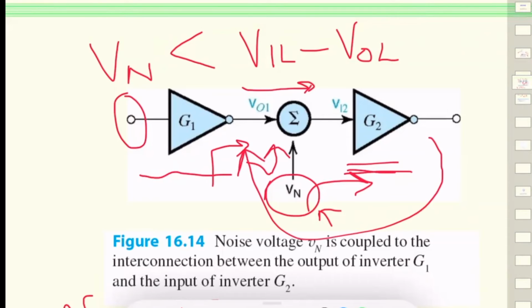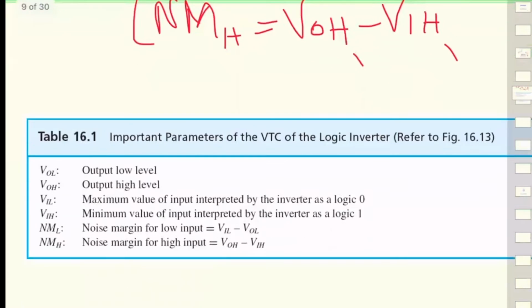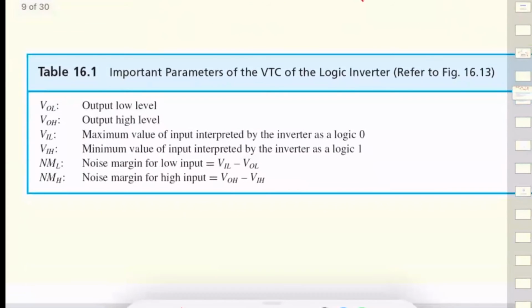So even if there is a corrupt input signal, the inverter can restore the signal back as long as we are within that range of the noise margin. So these four things are important because they define our noise margin for both high and low inputs.